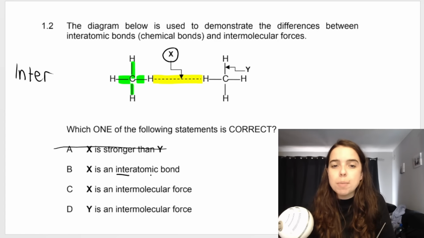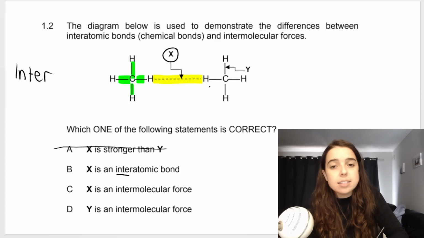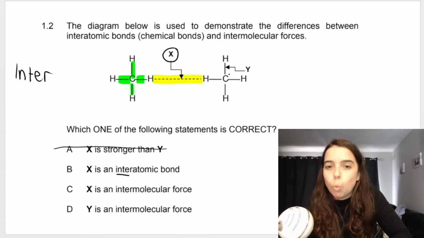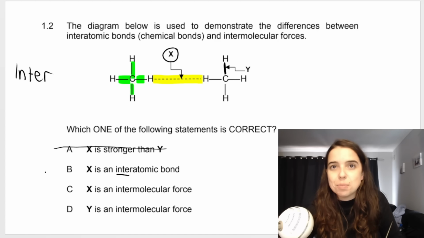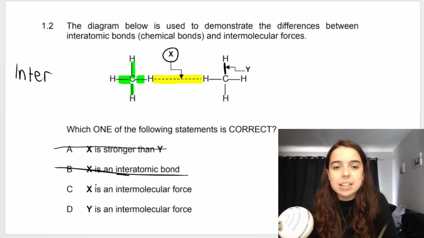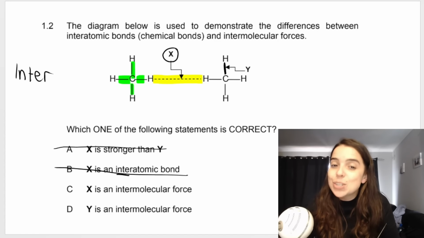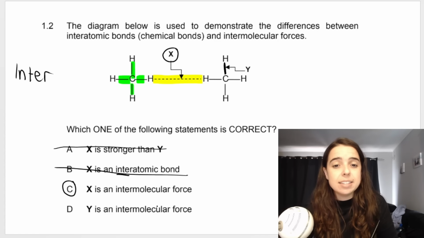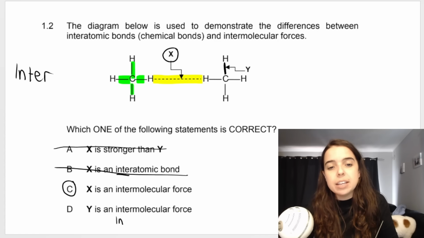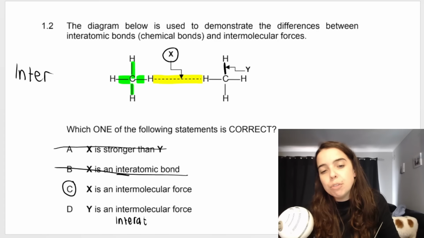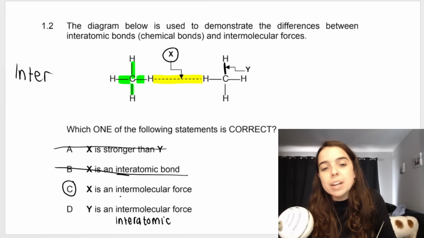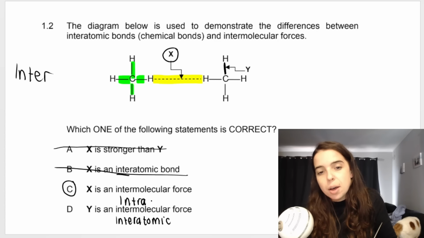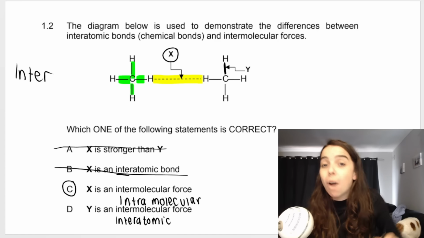So interatomic means between atoms. And X is not between atoms within the same molecule. Y is between atoms of the same molecule. So B is incorrect. X is an intermolecular force. That is correct. And then they say Y is an intermolecular force. No, it is an interatomic force or an intramolecular force. Those would be the 2 acceptable answers for Y.